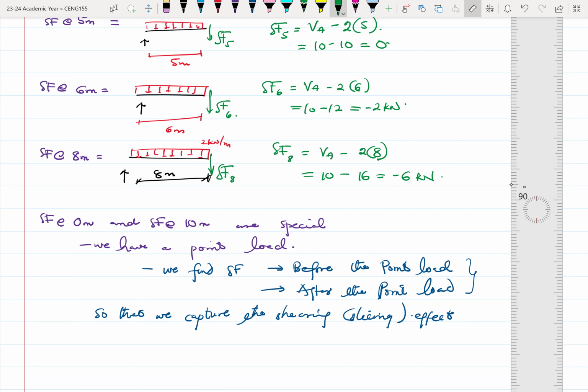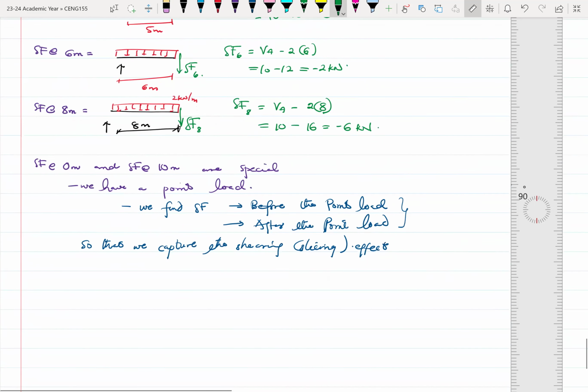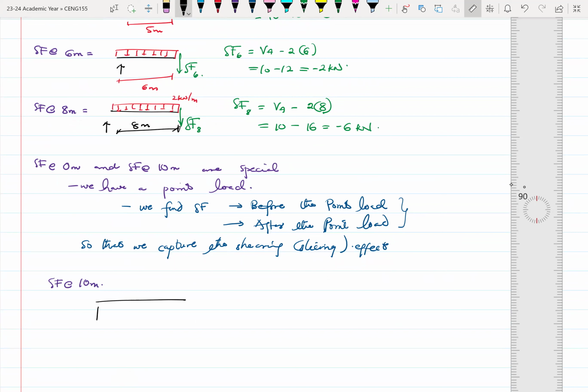All right. So these are the points to look at. So I'm going to do shear force at 10 meters. At 10 meters, this is what we have. So we have our UDL on it. In case 1, which is the before, we are not including the point load at the end of the beam.